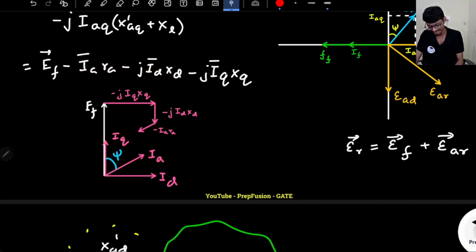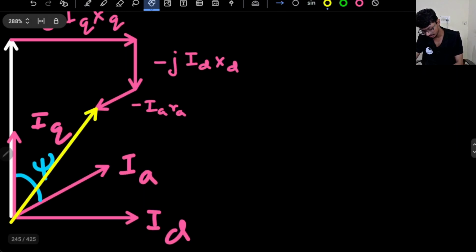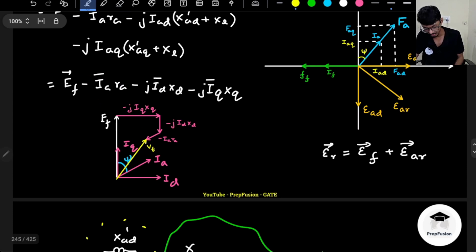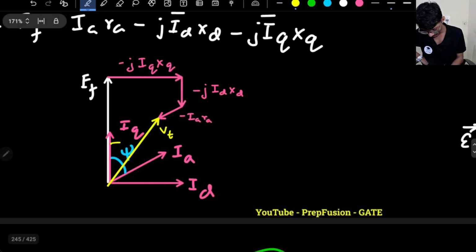So remember, this is for a lagging load. Here will be my resultant terminal voltage VT. This will be my resultant terminal voltage, that is VT. Okay, and this angle will be known as the power angle delta.